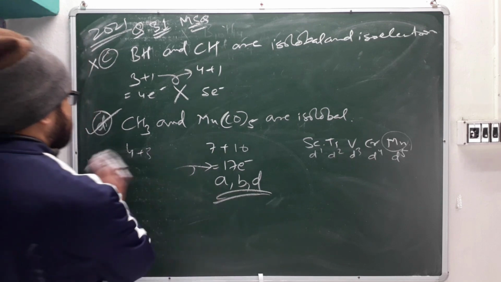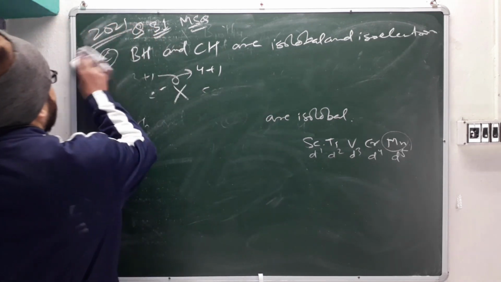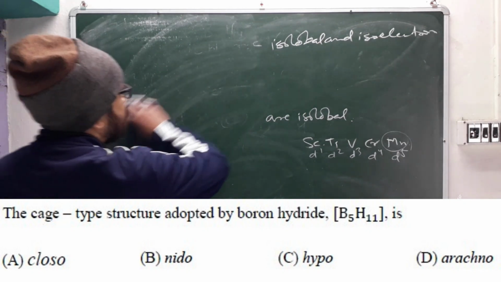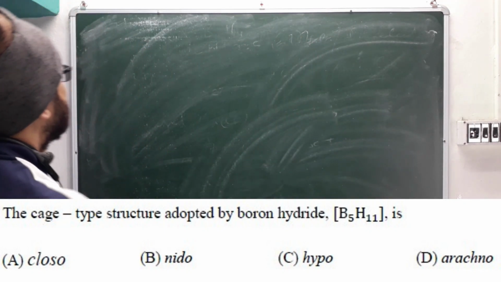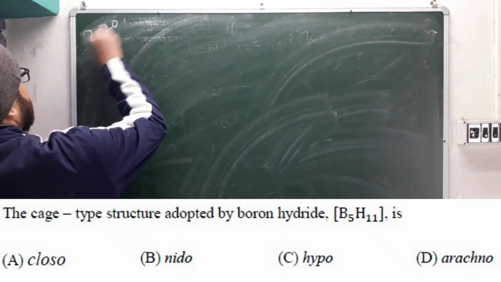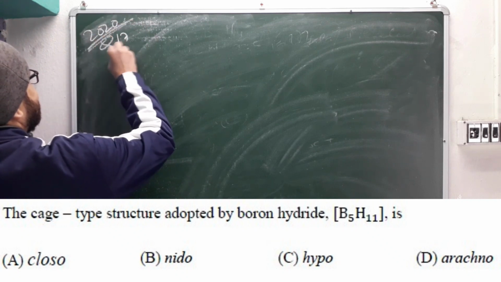As I told you, the question number also they have copied. You remember in 2022 the question number was question number 17. Here also in 2020 the question number is 17.